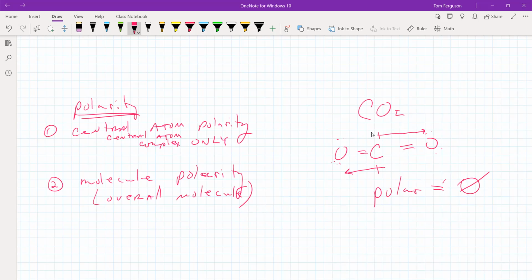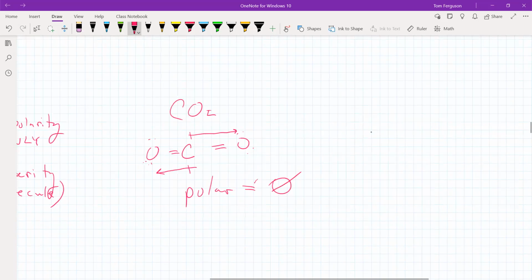No polarity. We look at water. You have two vectors, and those don't cancel, hence the molecule is polar.